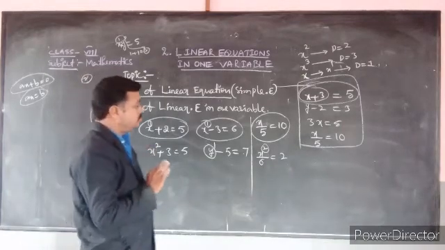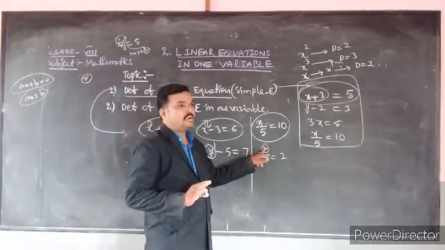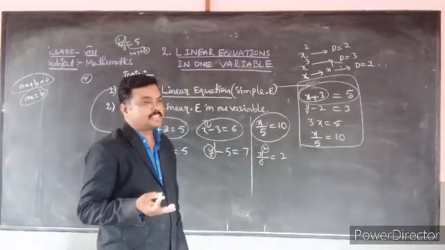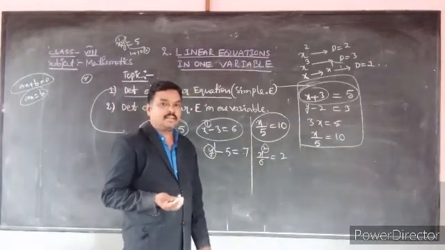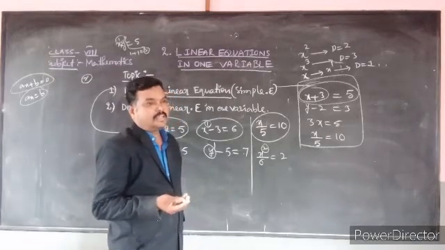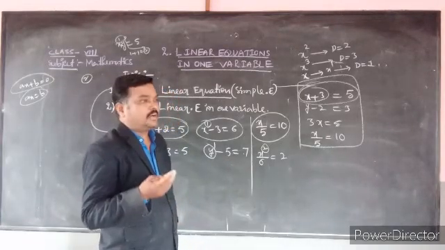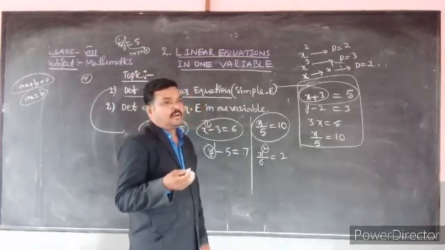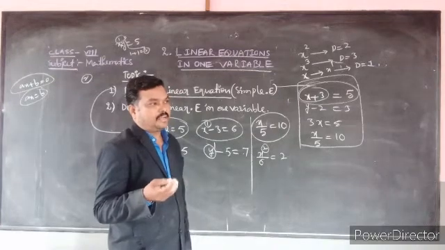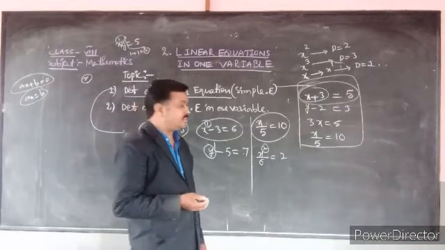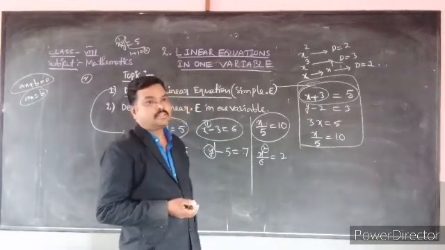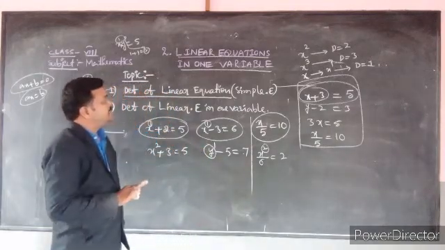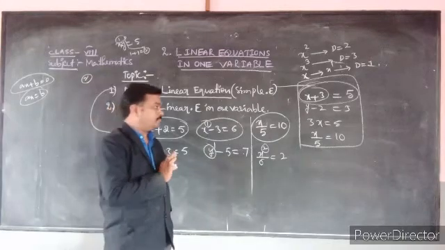Before that, we have to check whether the degree is 1 or not. If any degree other than 1 is given, that is not a linear equation. Degrees 2 or 3 we can read in higher classes: quadratic equations, cubic polynomials, quartic polynomials. But in this class, only linear equation in one variable is there.